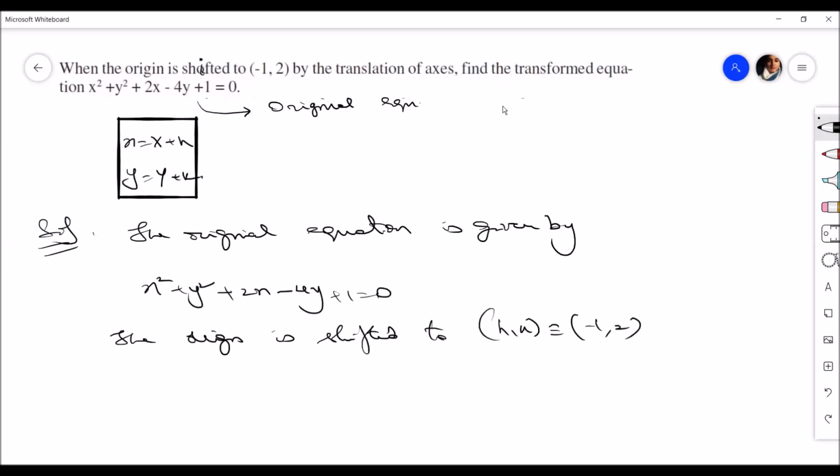Is it fine, everyone? Now, this being h and this being k, can I write small x as capital X minus 1 and small y as capital Y plus 2. So these are the values that I'm going to replace in the original equation to get your new equation.